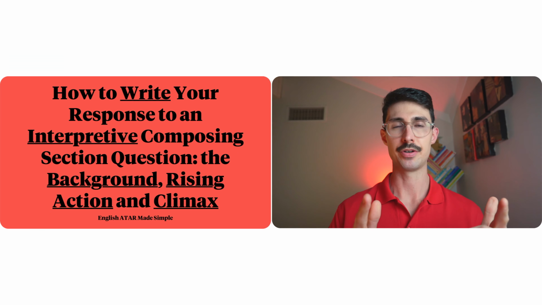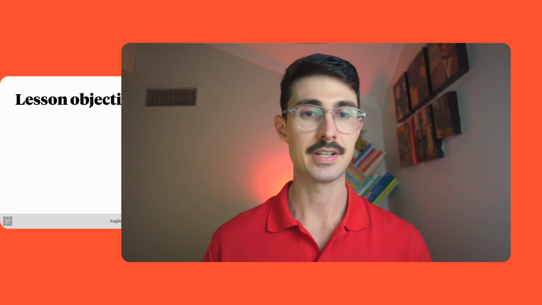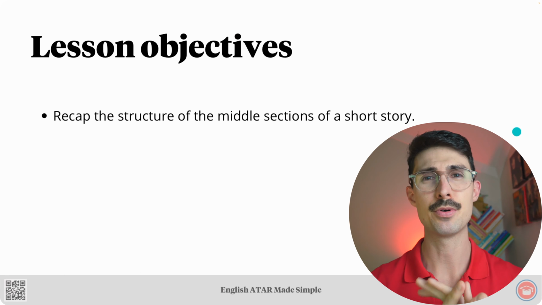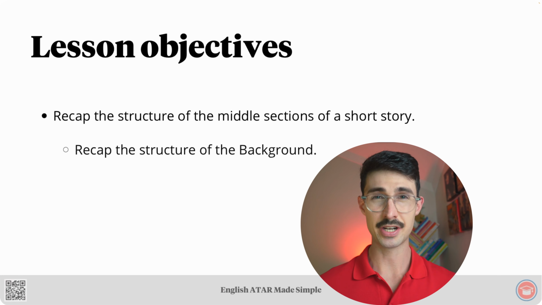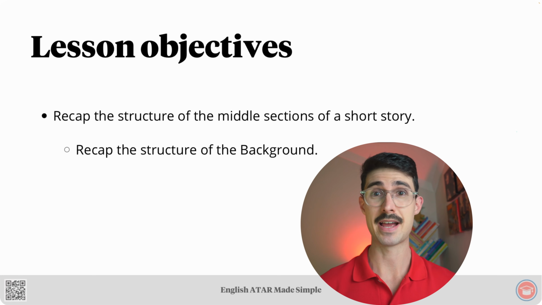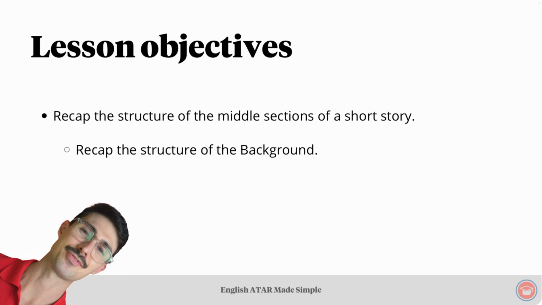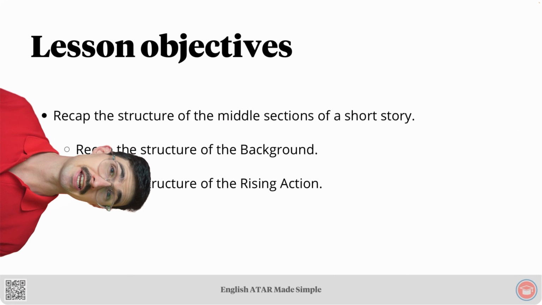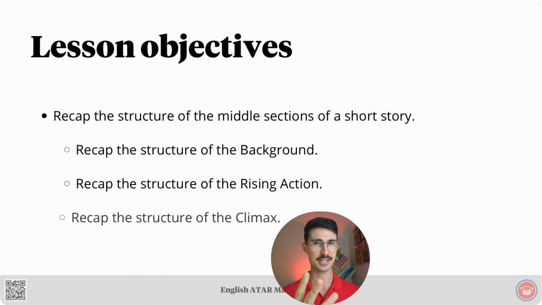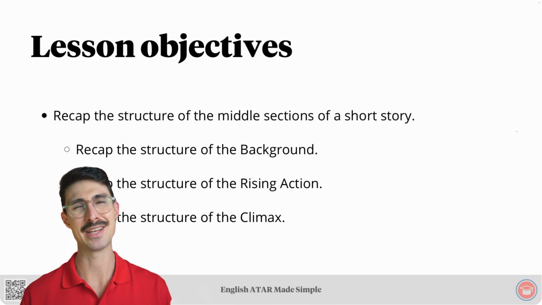Very good. Moving ever onwards, lesson objectives. First up, we will recap the structure of the middle sections of a short story. The first section in the middle part of our story is the background. Therefore, we will recap the structure of that. The second section is the rising action, so we'll recap that structure too. The third section is the climax, and we may as well recap that structure.